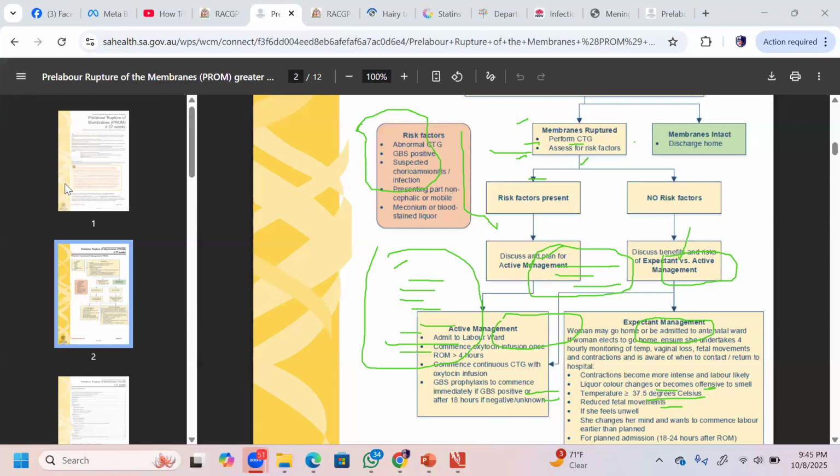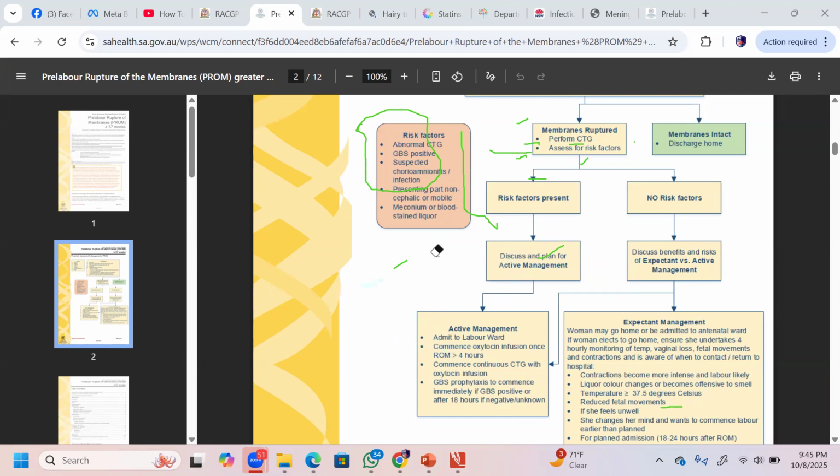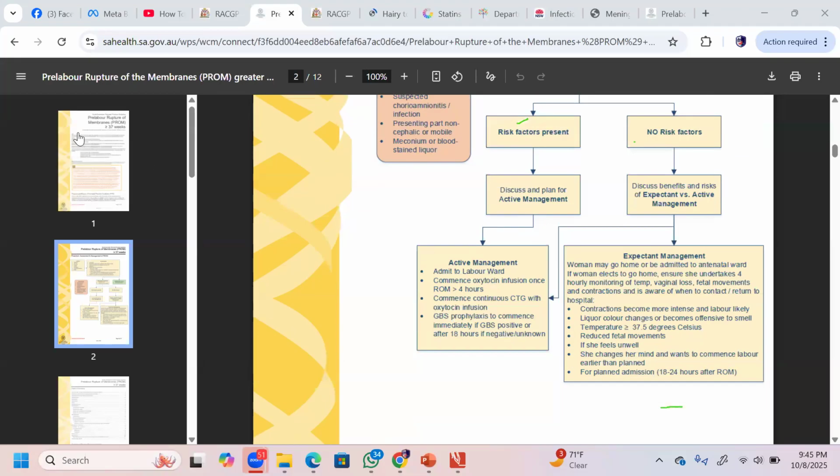So you will discuss the benefit of active and expectant management with the patient. Okay. So discuss and plan for active management. So we will go with active management.